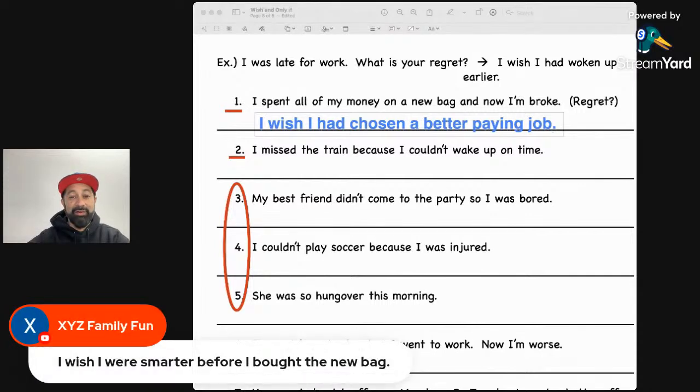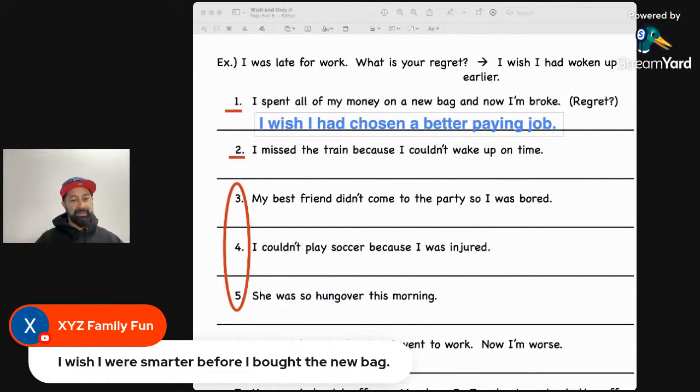XYZ has an answer for number 1. I wish I were smarter before I bought the new bag. Good. Yeah. If we want to make this using a past situation, if I wish I were smarter, that means always. I feel I'm not smart. I wish I were smarter.